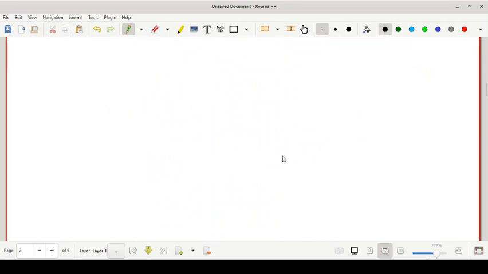Okay. Let us see another example. Example 3. Examples will make our concept clear. So let X be a non-empty set.